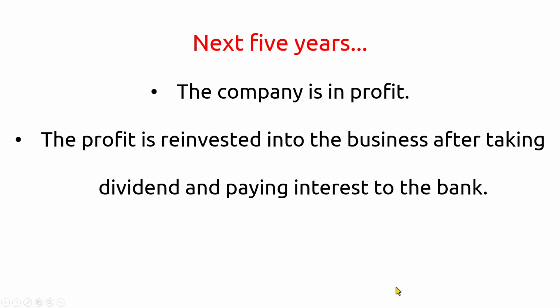Why? Because the promoters have invested 4,000 and 2,000, which is 6,000 rupees, and so they keep some part of the profit as dividend for themselves. We will learn about dividend later in detail. For now, just know that it is a part of profit which the shareholders keep for themselves.